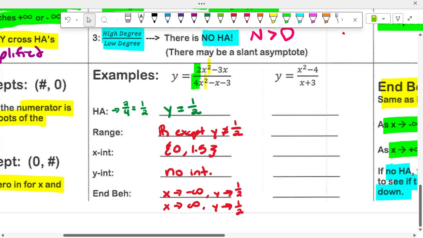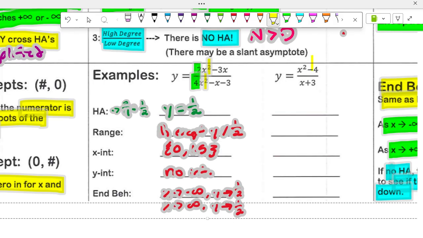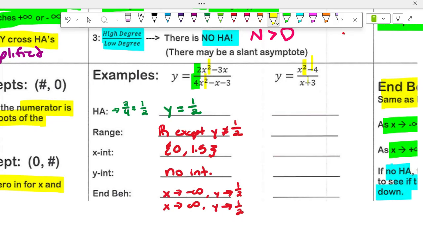Now, let's just do the horizontal asymptote, the range, and the end behavior for the last one. So, what's my degree at the top? 2. Bottom? No, there is. It's 1. So, is one bigger than the other, or are they the same? One's bigger.